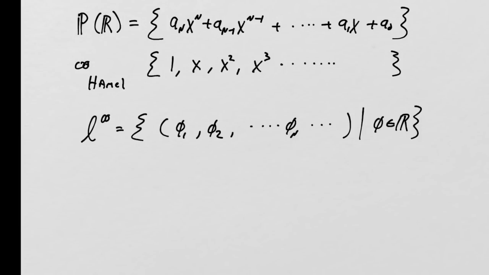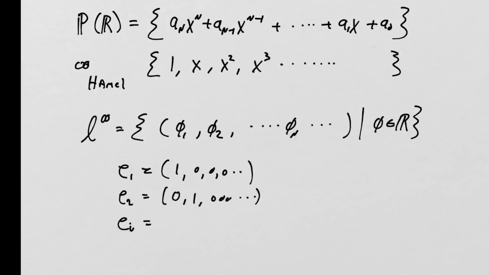And for such an object, there's an obvious set to nominate for a basis, right? I think most people, if they were forced to come up with something right away, would say, okay, well, what about a basis like this? The first element is 1 with all zeros, and the second element is 0 with a 1 in the second slot, and then the ith element is a 1 in the ith slot with zeros everywhere else.